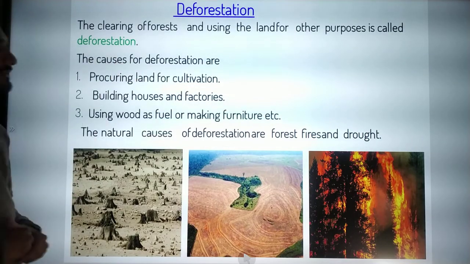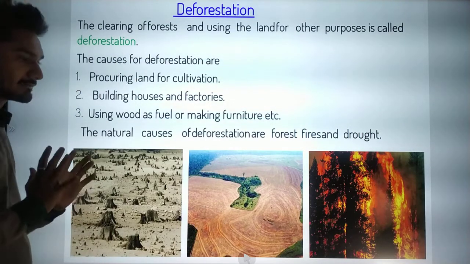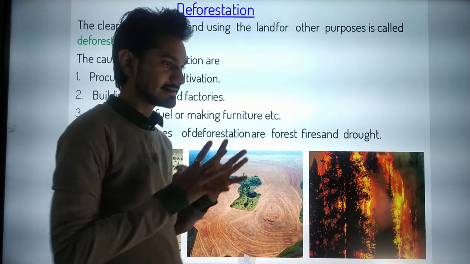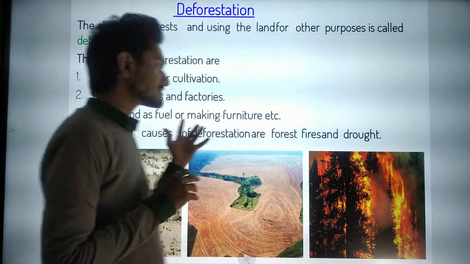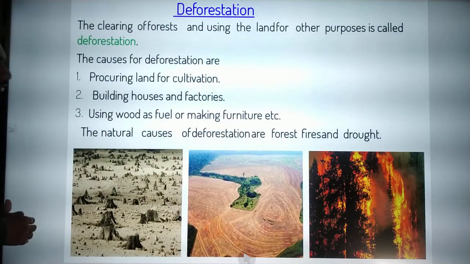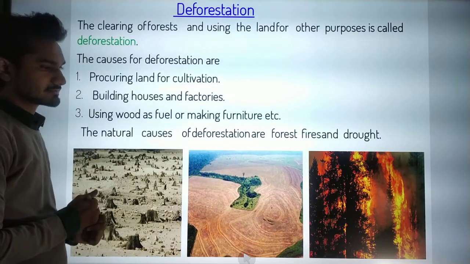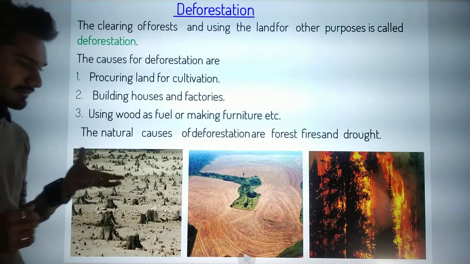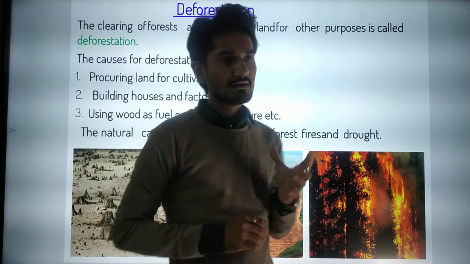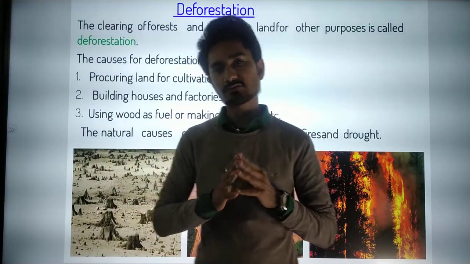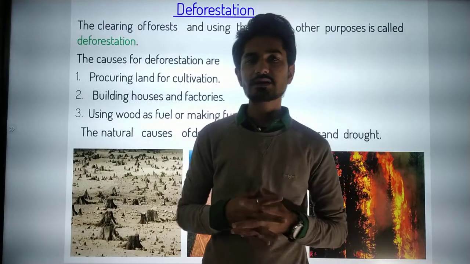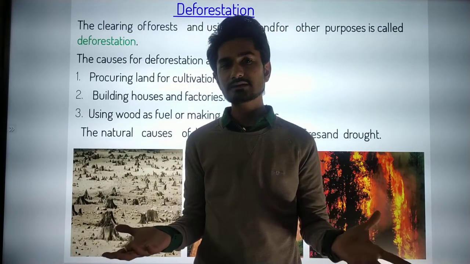The causes of deforestation, the main reasons we are doing it, begin with procuring land for cultivation. Now we want to do farming everywhere, and for farming we need land. Where do we get the land from?